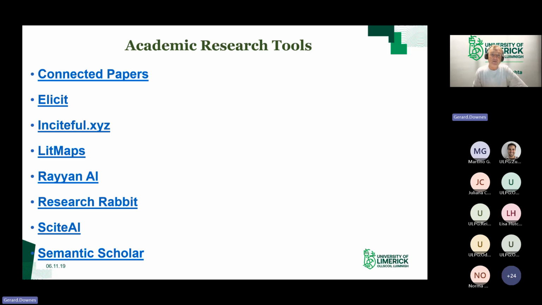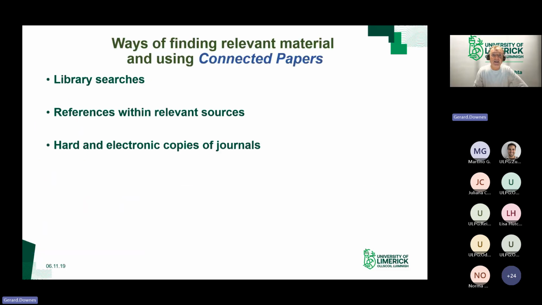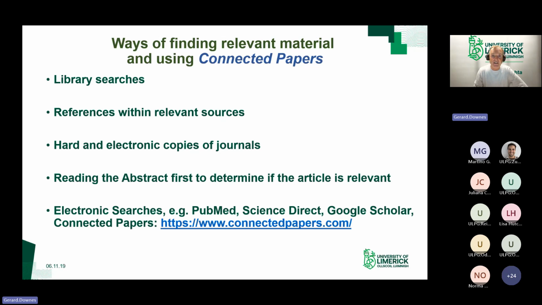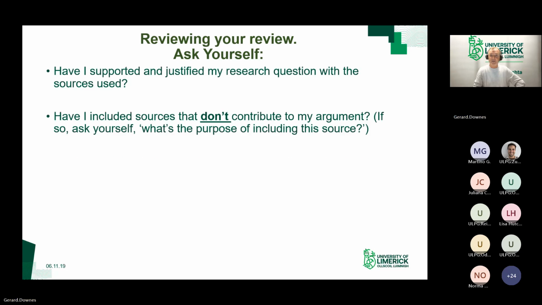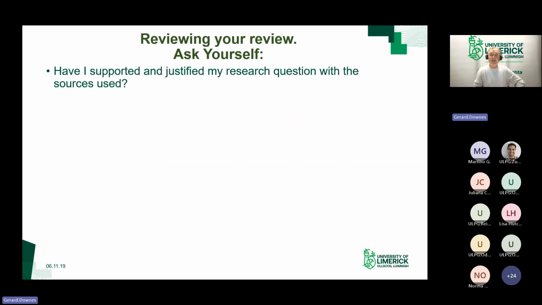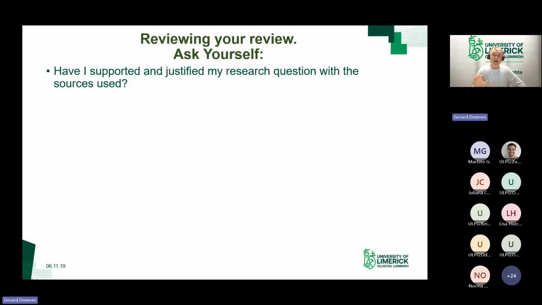But actually, what I'm just going to do is finish this presentation now. The last thing, when you're doing a literature review, is to ask yourself at the end: have I supported and justified my research question with the sources that I've used?